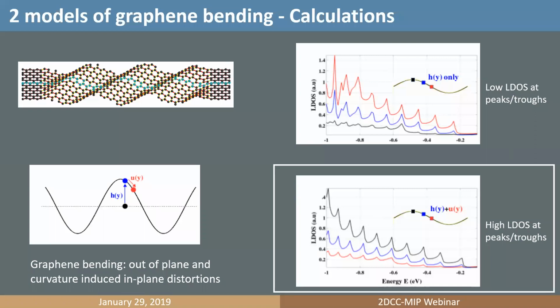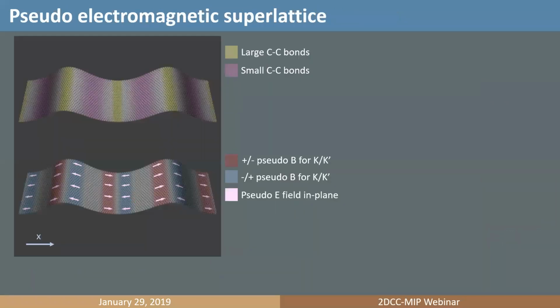And now, based on this, what is happening? As graphene ripples, the strain in different regions varies. So there's a strain modulation. As the strain gets modulated, different regions have different lengths of the carbon-carbon bonds. At the crests and troughs, the graphene gets stretched out, and so there are large carbon-carbon bonds.